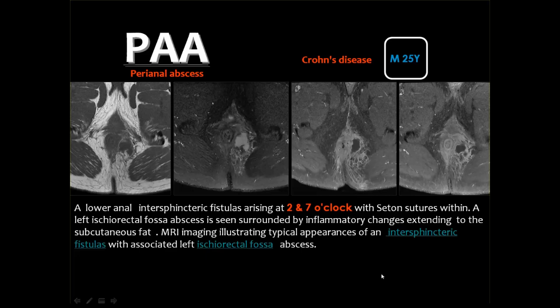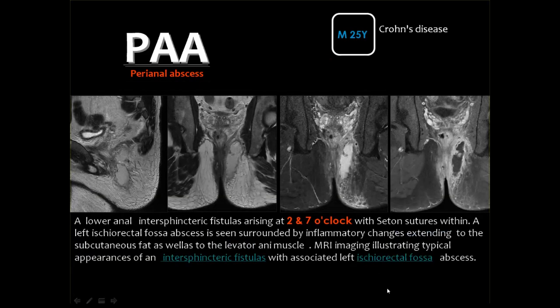Then if you would like to know the relation of the fistula to the superior extension, you should go to the coronal images. And here, these are the coronal images. You see a big abscess, and this is the levator ani on both sides, and this is the beautiful sagittal image. You see the levator ani and you see the abscess below it.